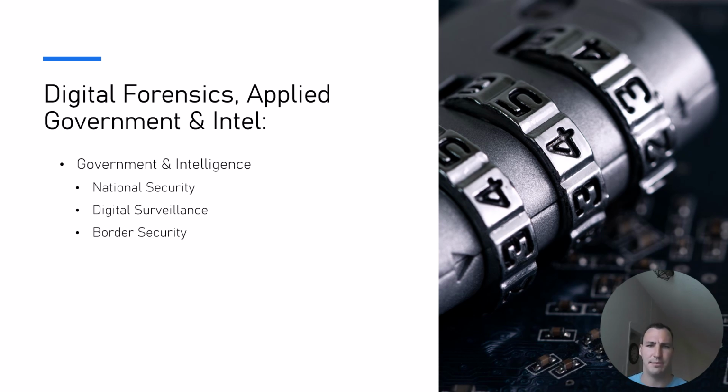There's a blue team and a red team to this, and we need the intelligence community and the government to be able to apply cutting edge digital forensics techniques to understand kind of where we are being hit and then how to hit back.